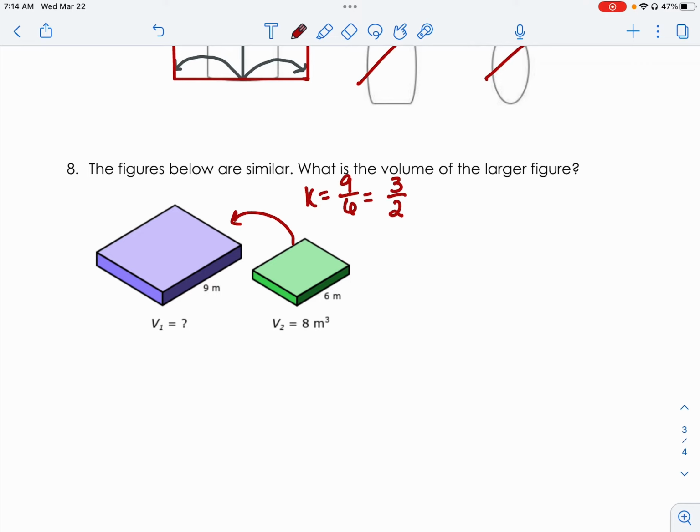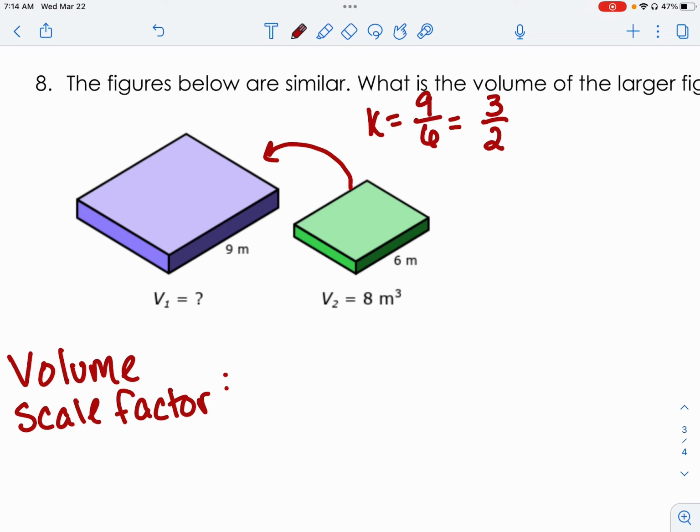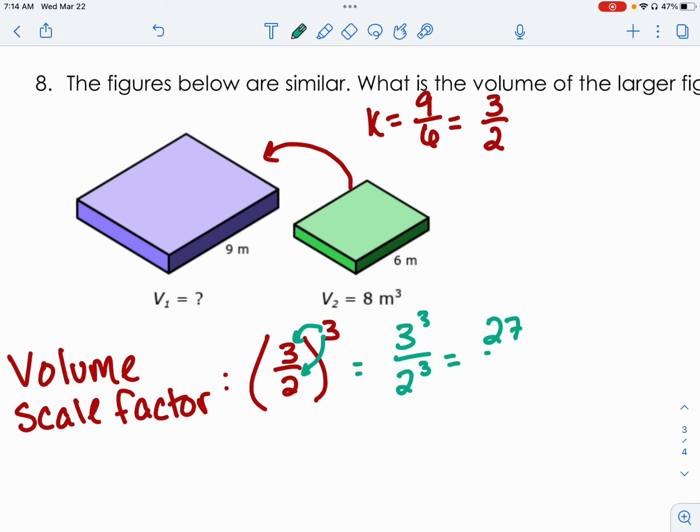Now, to find the volume K value, or the volume scale factor, remember when we give our answer in volume, you cube it. So we take our K value and we cube it. The 3 goes on both of those, so we really have 3 cubed over 2 cubed, which is 27/8.